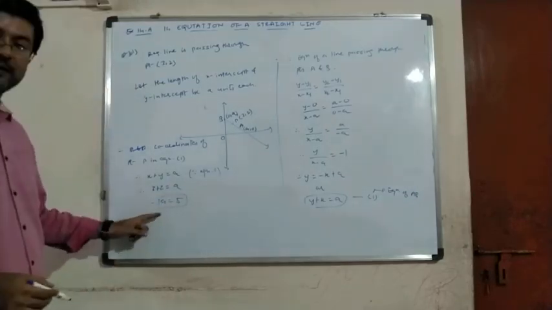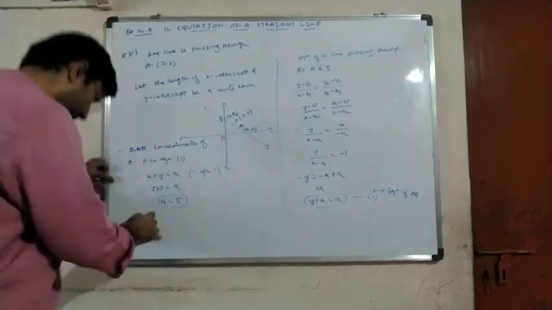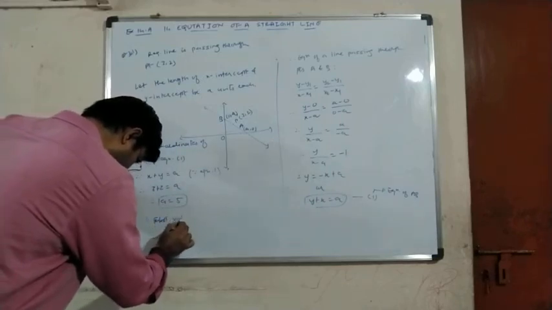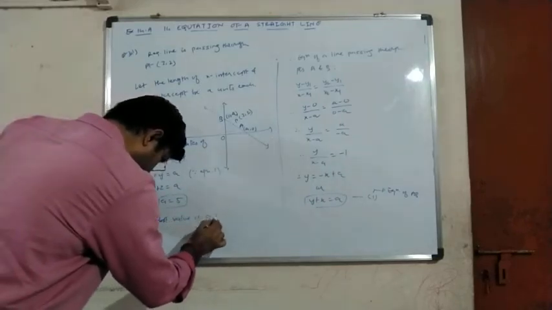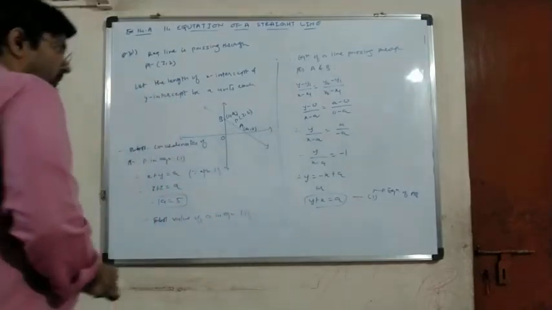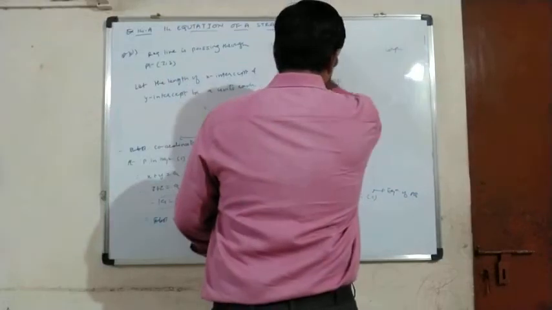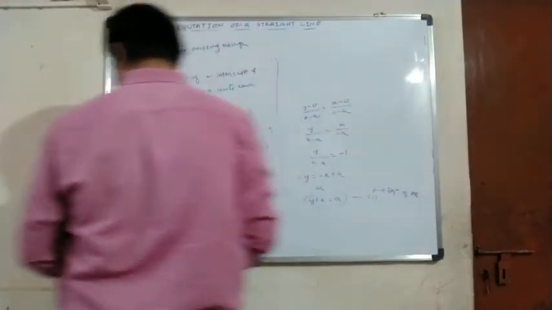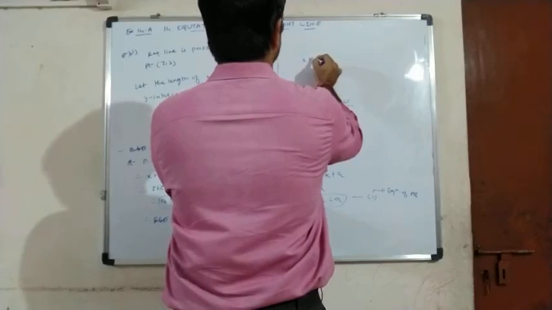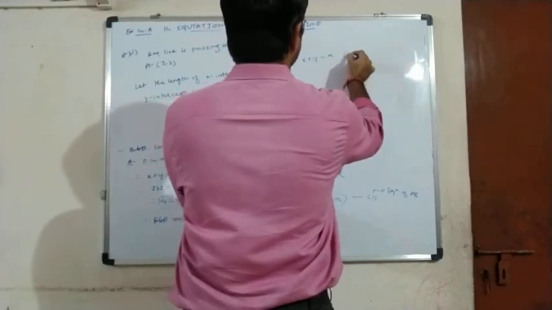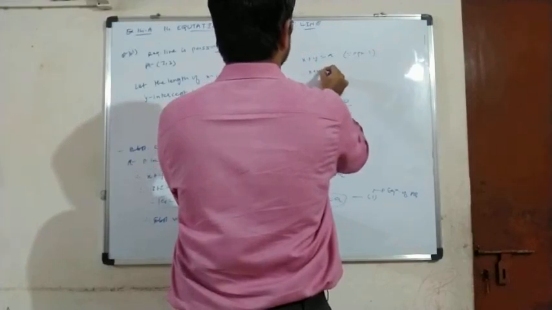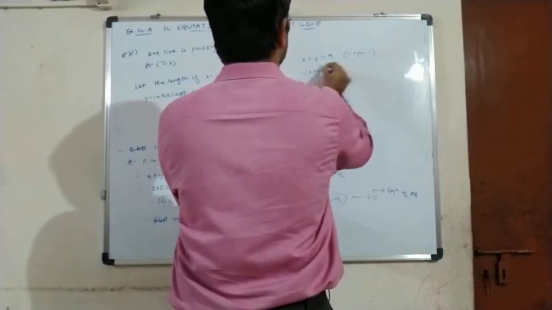Now we will put finally the value of a in equation 1. Therefore substituting the value of a in equation 1, we will get x plus y is equal to a, and therefore x plus y is equal to 5.